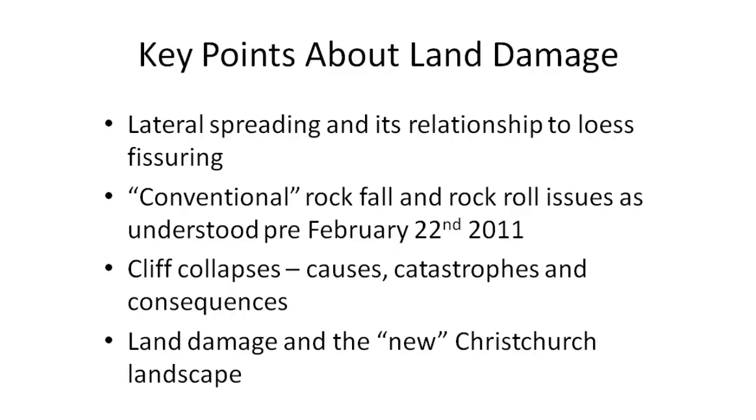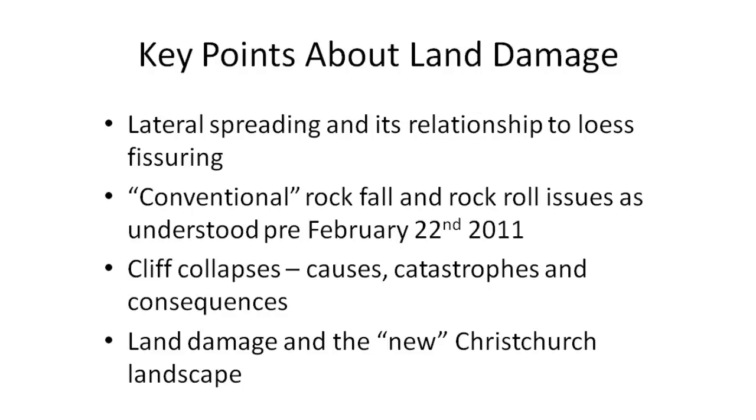And so I'm going to draw an analogy there, and I'm going to take you from the valley floor to the ridge crest. So we're going to work this in such a way that you start at the bottom with the liquefaction that many of you will be familiar with, maybe even from where you've lived, and then we'll work our way up the hill.